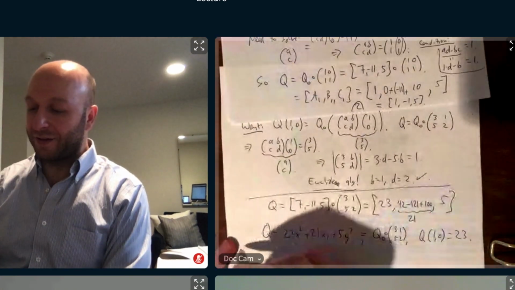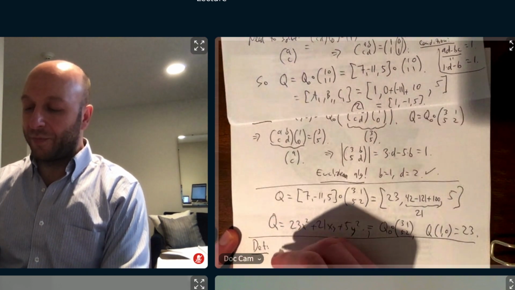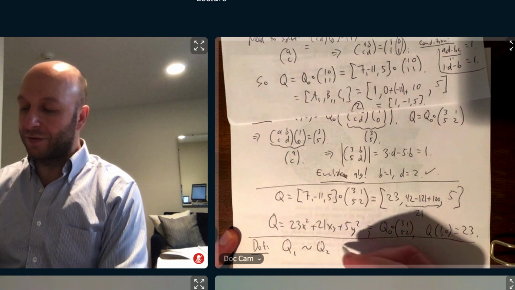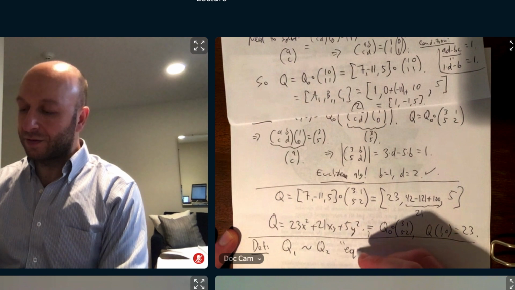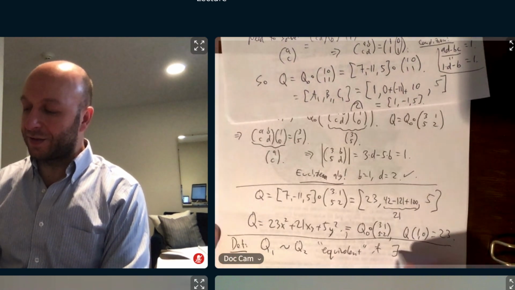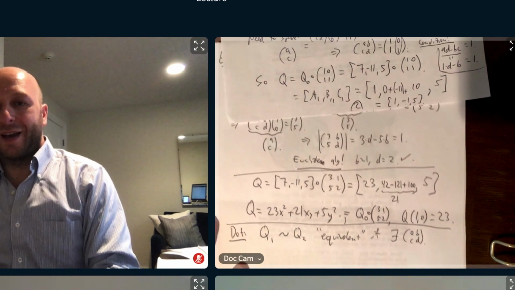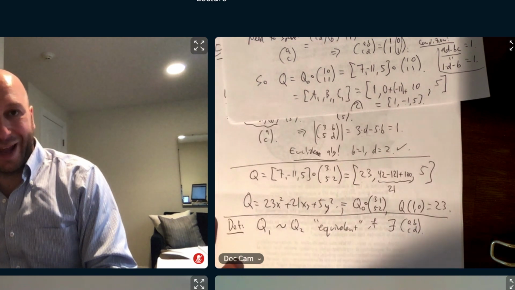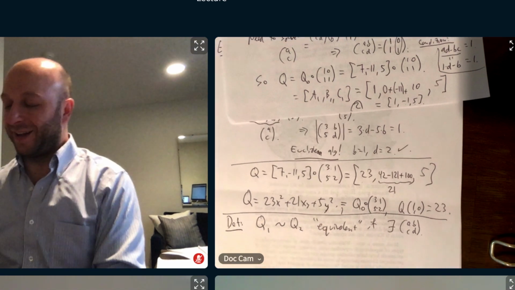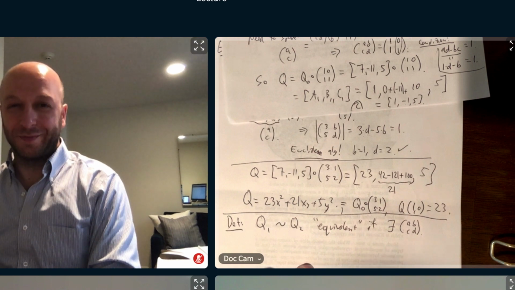So first let's define what we've been doing. Definition. Quadratic form Q1 is equivalent to Q2 if there exists a matrix A, B, C, D. Now, do I want to say narrow equivalence as opposed to wide equivalence? Let's just stick to determinant 1 equivalence.